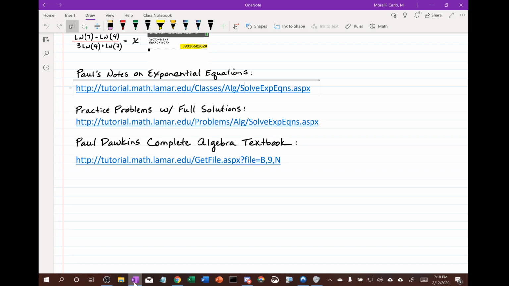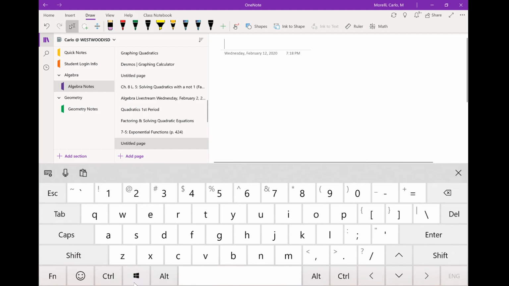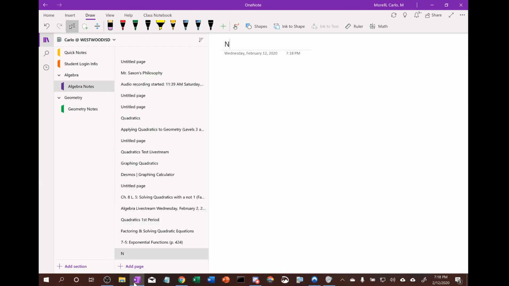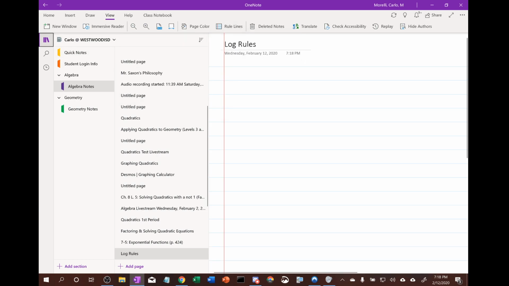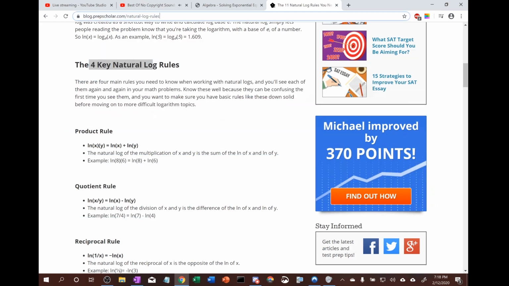So I'm going to create a new notes page here, and we are going to call this log rules. All right, so where am I getting this from? Prep Scholar. We'll drop that in there.